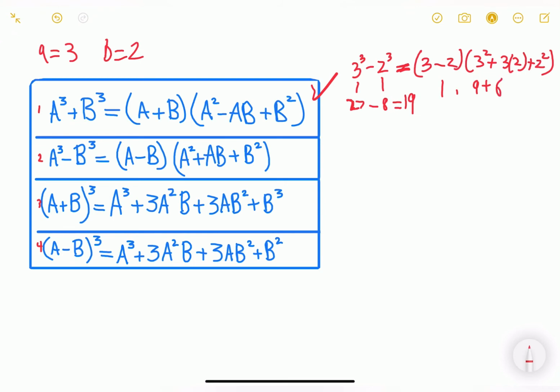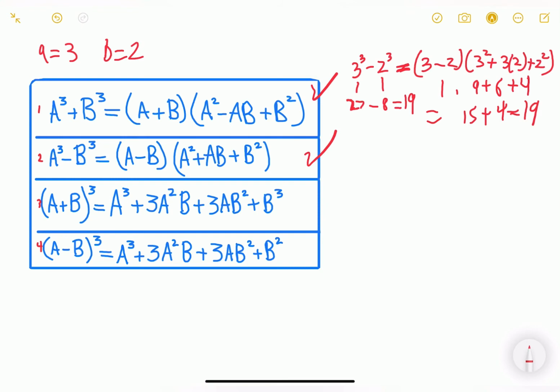And then plus 4, because 2 squared is 4. We have to just simply add now. So what's 9 plus 6? 9 plus 6 is 15, plus 4 is 19. This proves that they are the same form. They're basically the same thing, they equal each other.